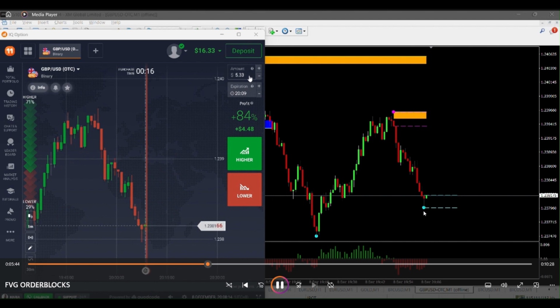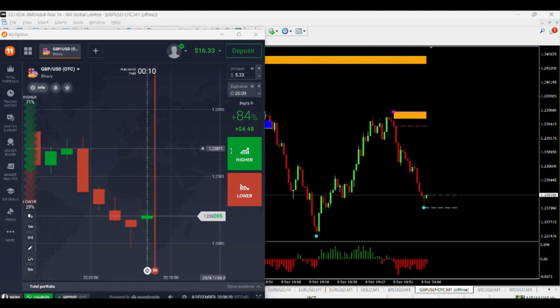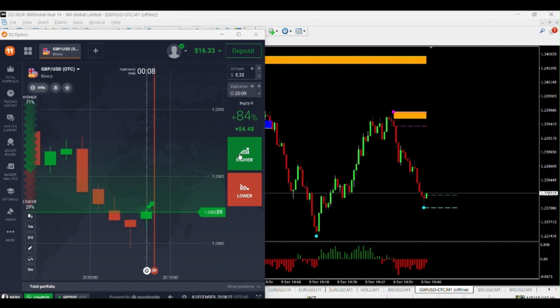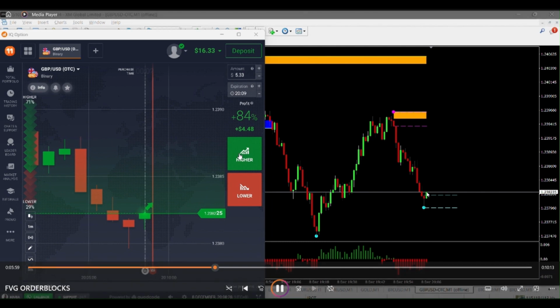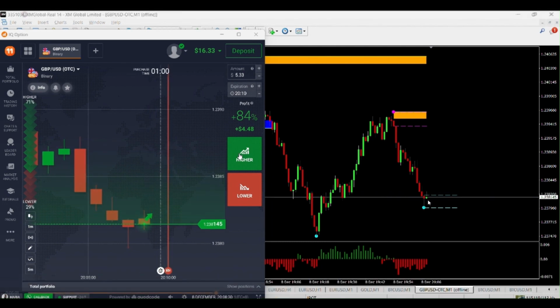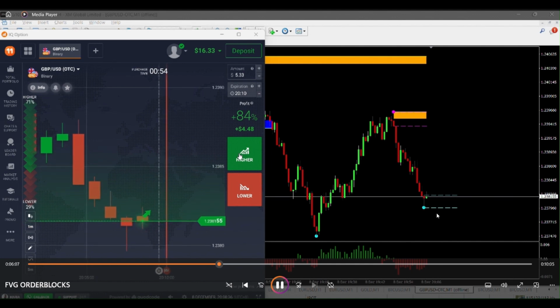It formed, but I think I did not take this trade because I'm still seeing the bottom indicator has some very strong sellers at the bottom here.